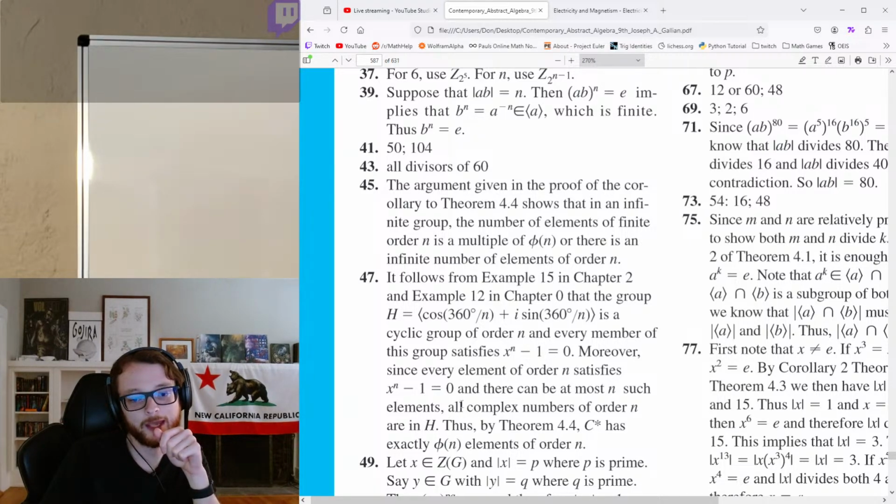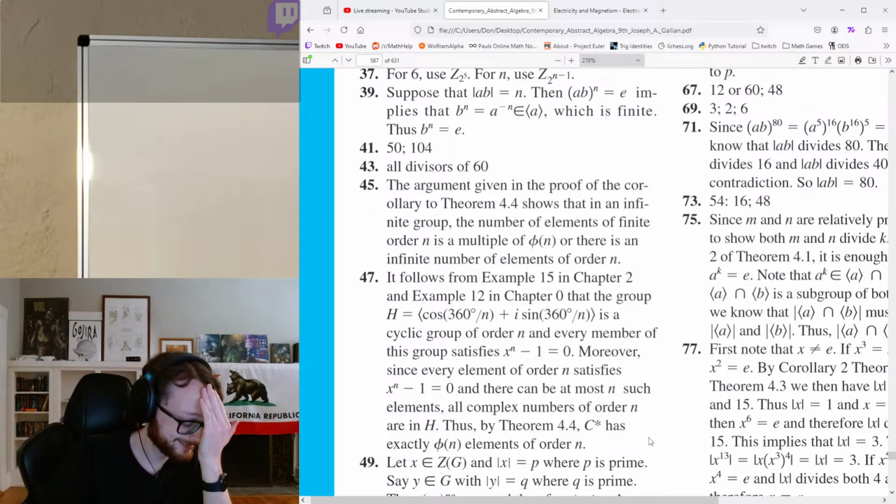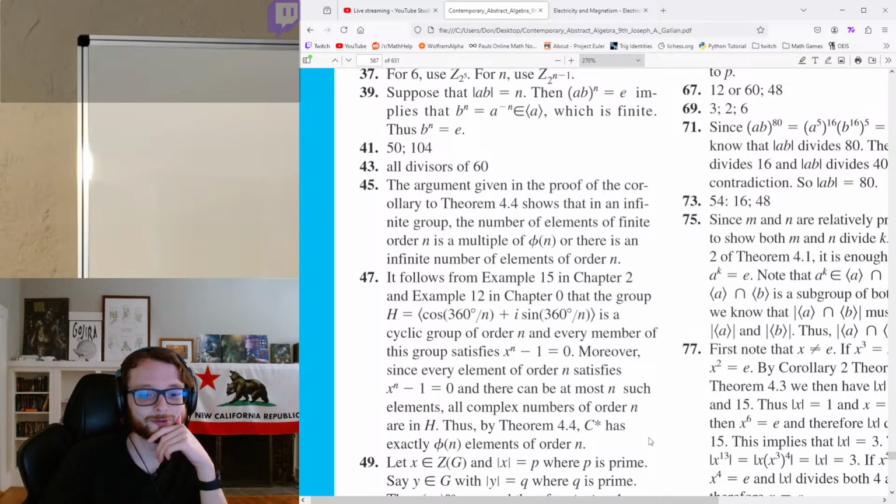And this is saying there can't be any other complex number of order n that is not in H by construction. So by those two things put together, C star has phi of n elements of order n. Okay. Ugh. And I can see that parallel, I guess, with the dihedral group one now.